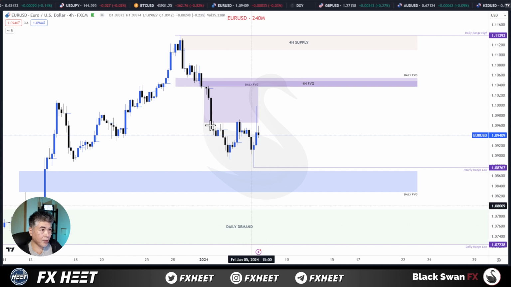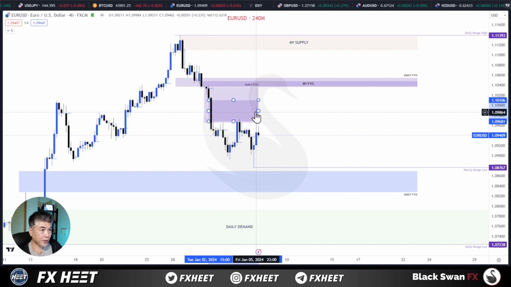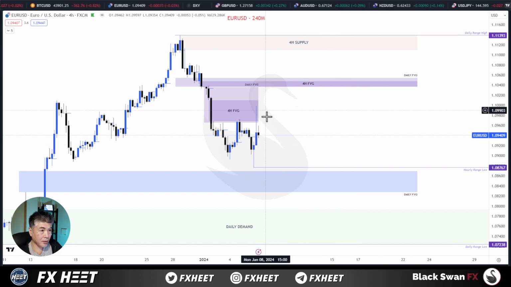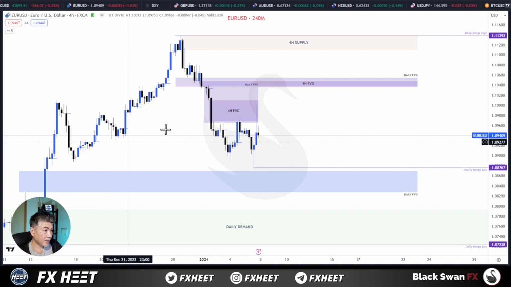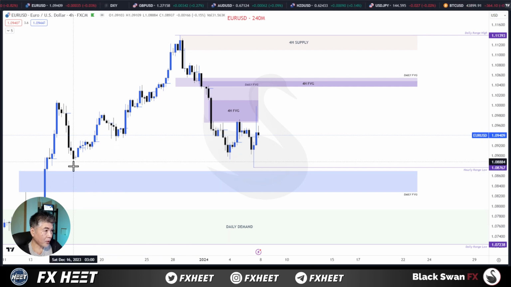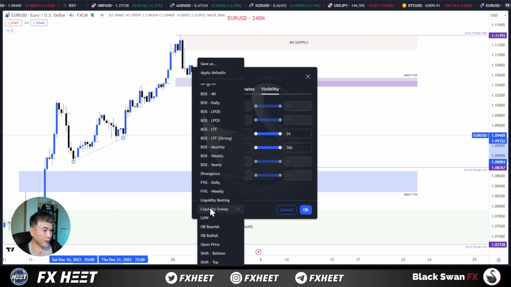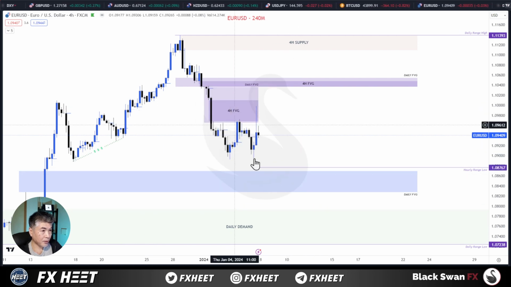This 4-hour fair value gap right here was mostly filled with that push up on Friday. Yeah, you can see more clearly here how all that liquidity was swept on this drive down.